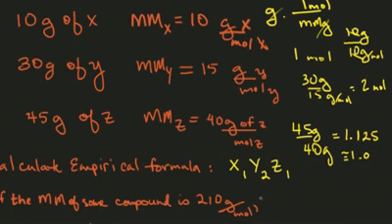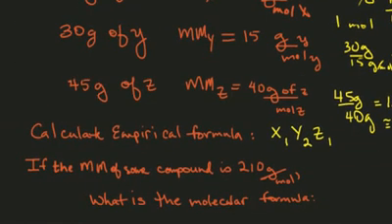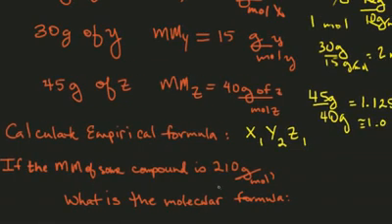So on this one I gave you the molar mass of some compound that has a molecular formula based on this empirical formula. What that means is that the molecular formula is some multiple of the ratio of 1 to 2 to 1. So the way you would do that is you would first get the mass of this empirical formula.